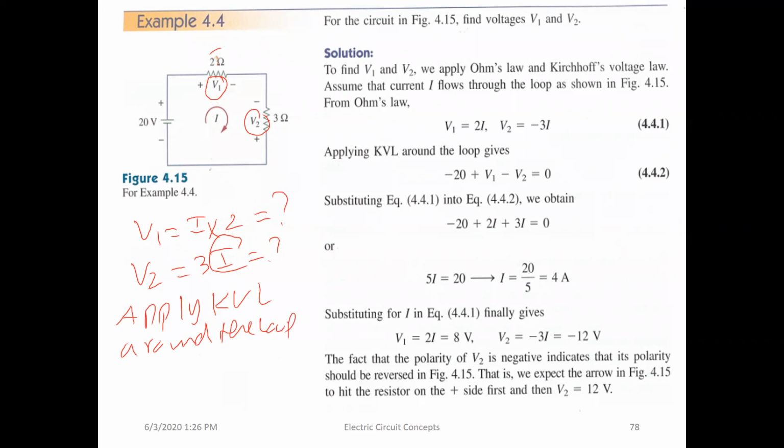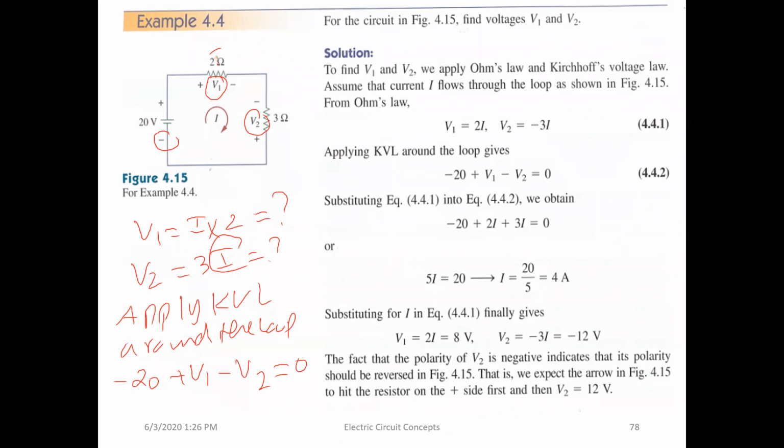Since the current is assumed in this direction, I is going to hit the minus of the 20 volt, then the plus of V1, and then the minus of V2. Again, the sum of the voltages around the loop is equal to 0.